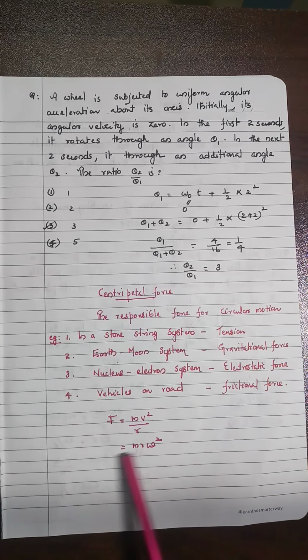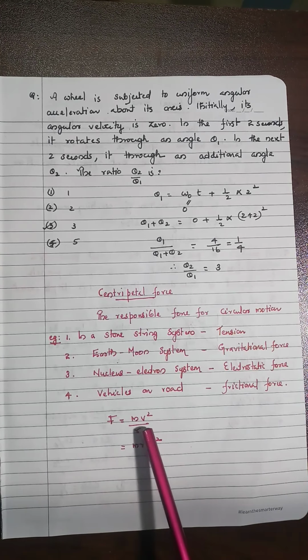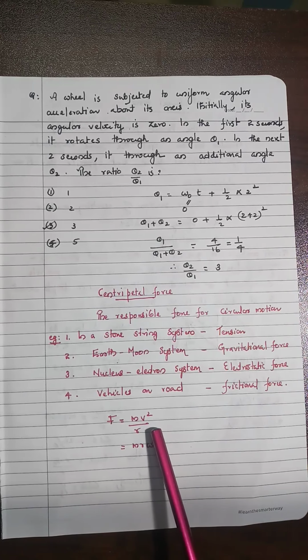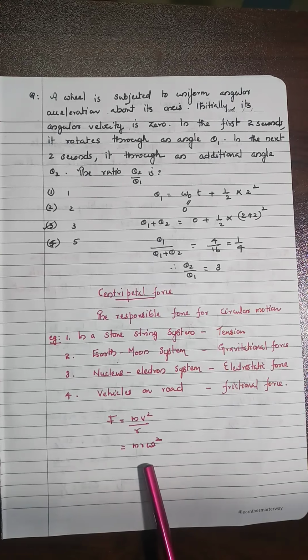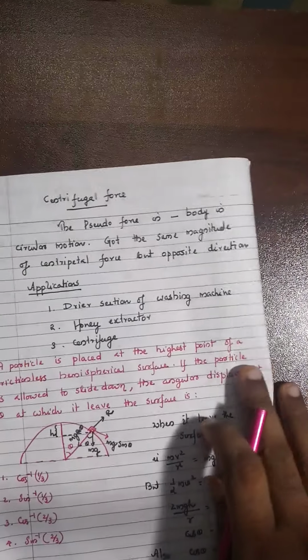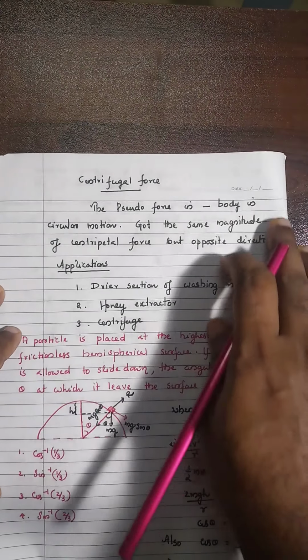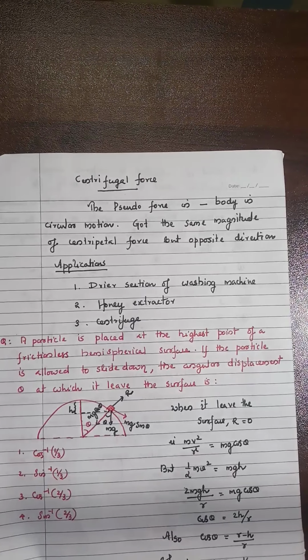A relevant concept to keep in mind: the centripetal force is equal to mass into acceleration, m v square by r, or m r omega square. A very important equation. The centrifugal force is the pseudo force for a non-inertial frame.